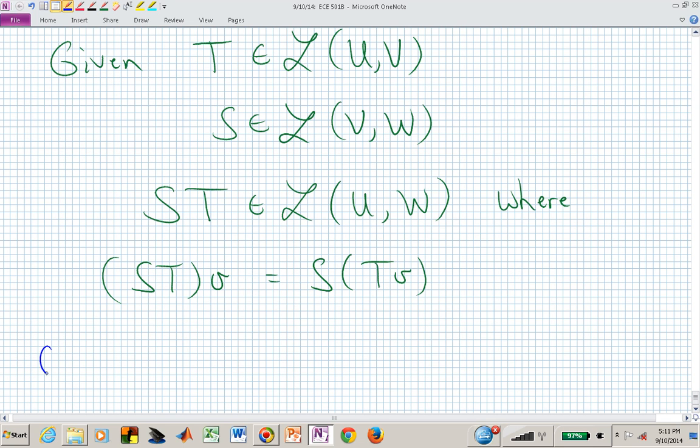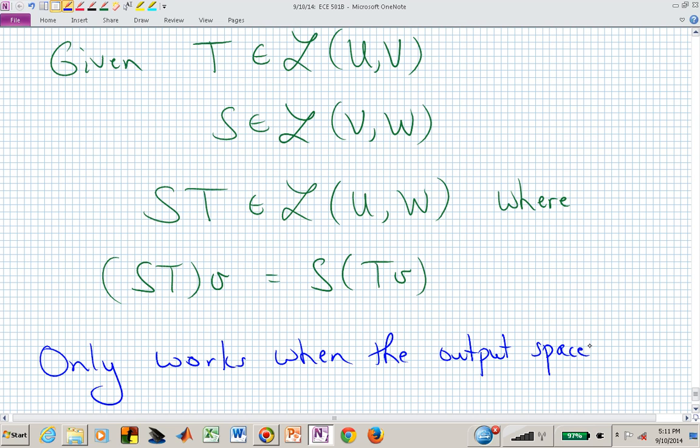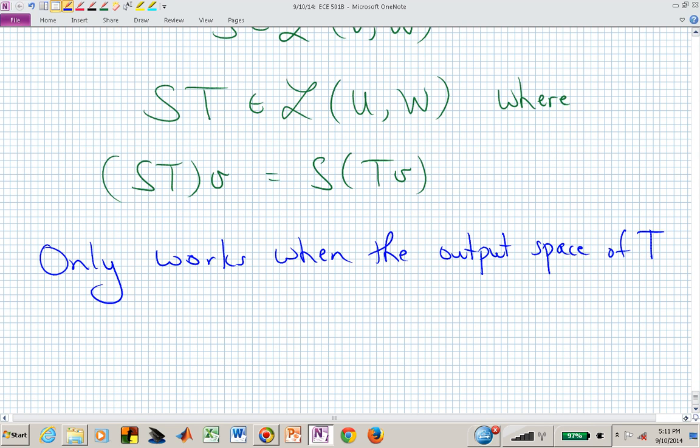And this really only works when the output space of T is the input space of S.